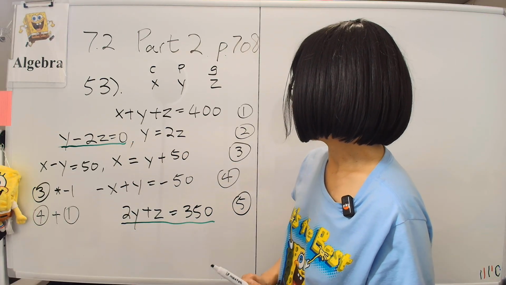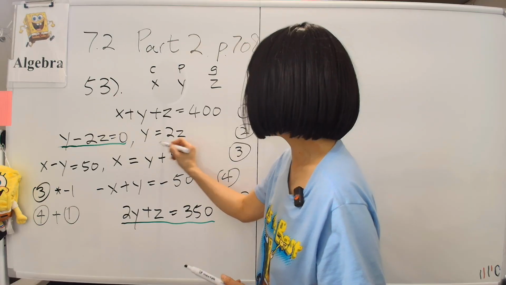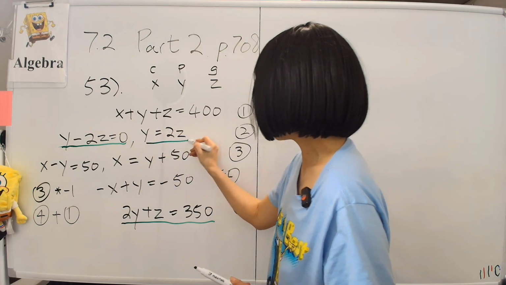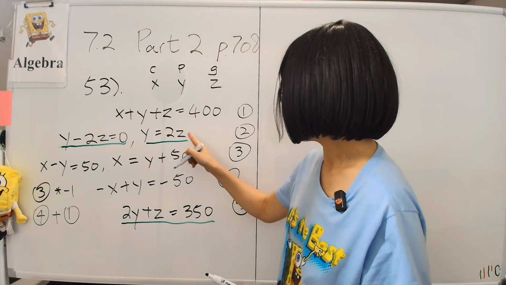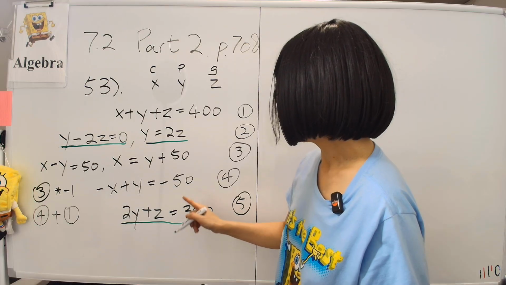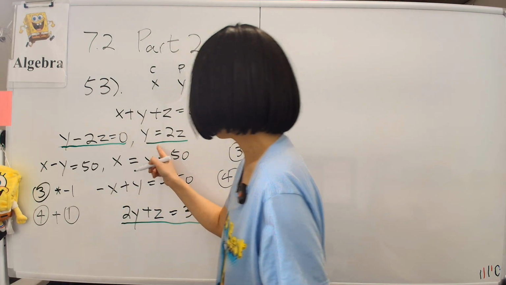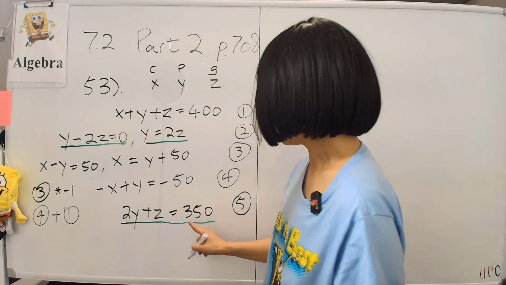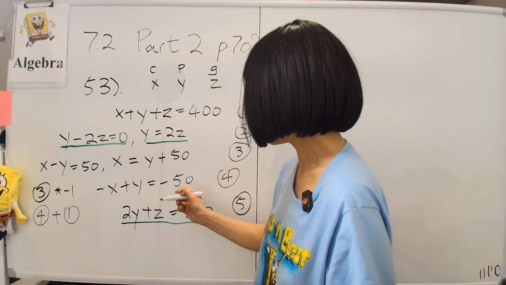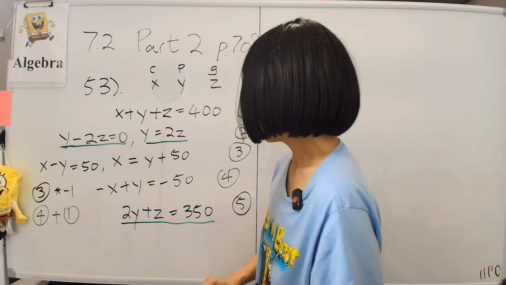In fact, we don't even need to worry about that one. We'll just use y is equal to 2z, which is equation 2. We'll plug the fact that y equals 2z in here.